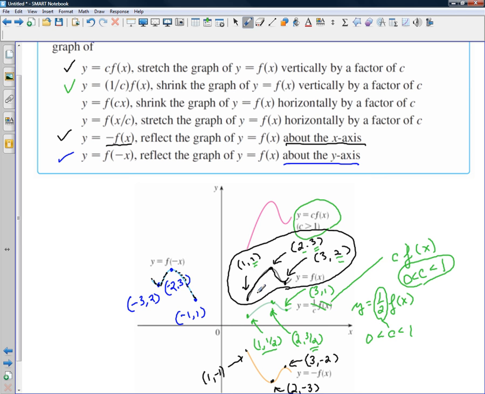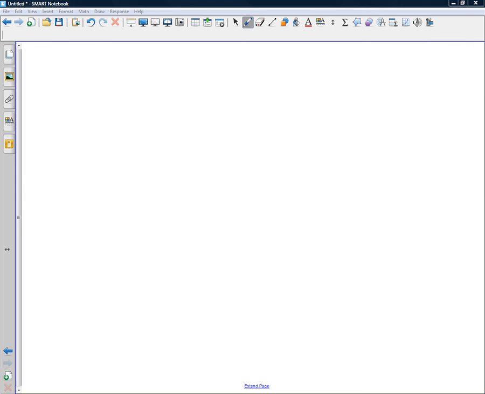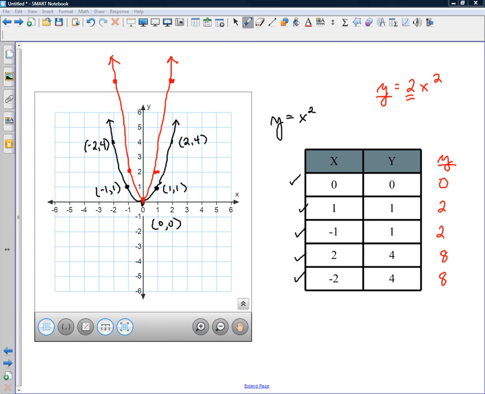So let's take a look one more time now at that graph of y equals x squared. Consider a vertical stretch on our parabola y equals x squared.